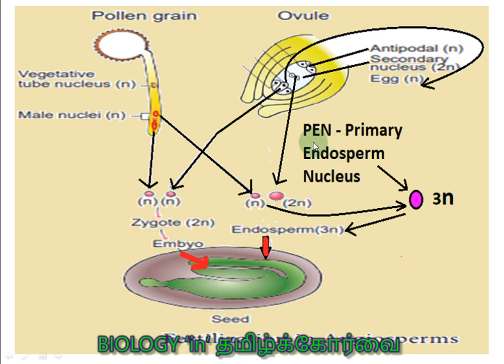Now it is called as PEN. It means primary endosperm nucleus. So this is the first cell of the endosperm. All the endosperm cells are going to be formed from this first cell, and it is triploid in nature.